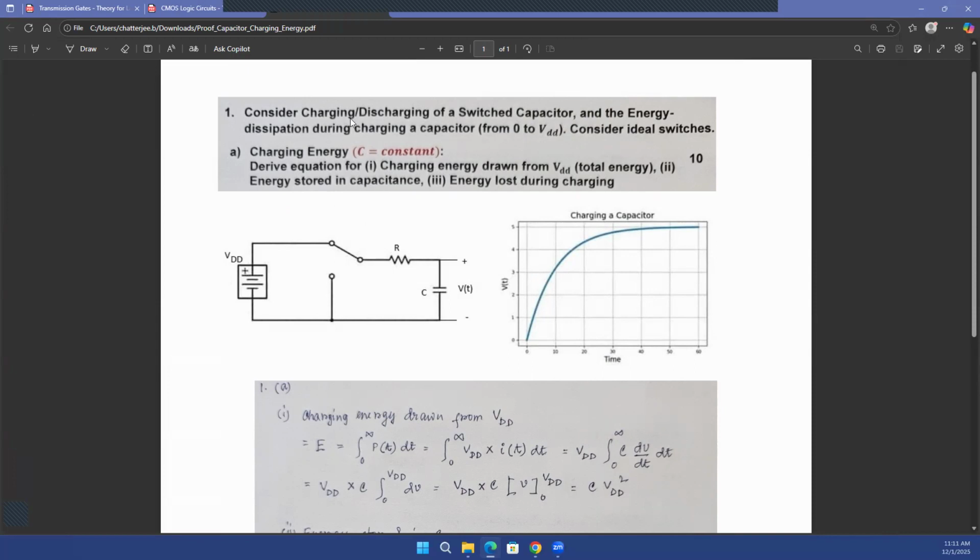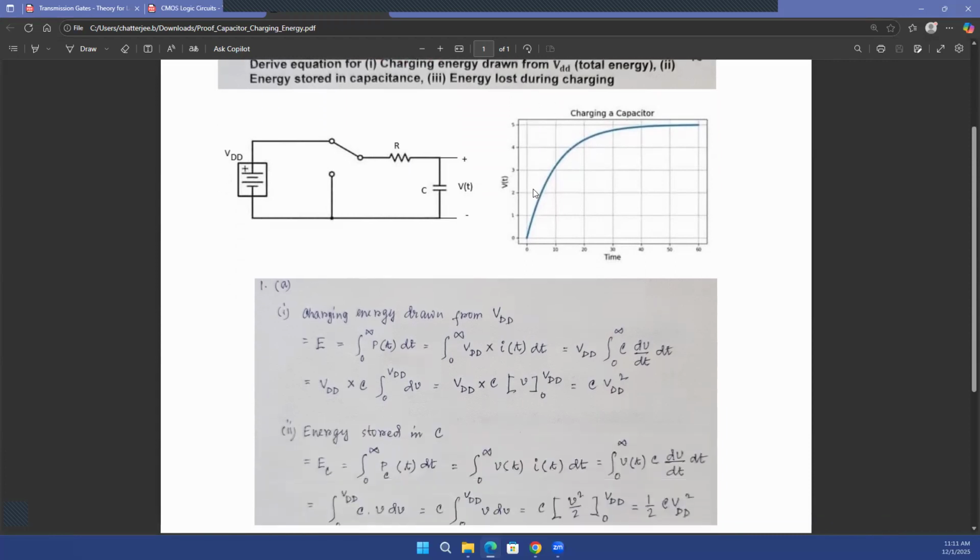So if you're considering the charging or discharging of a capacitor, let's say you have a capacitor and a switch, you want to see what is the energy dissipation during charging of a capacitor from 0 to VDD and discharging of the capacitor from VDD to ground. Now, if your capacitance is a constant value, then you want to derive the equation for charging energy drawn from VDD, energy stored in the capacitor, and energy lost during charging.